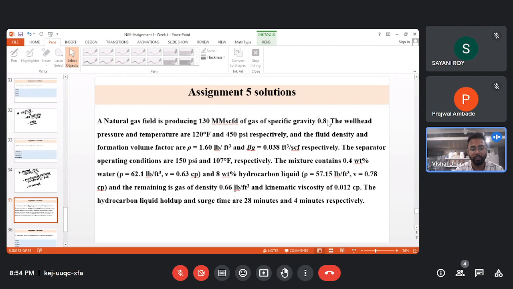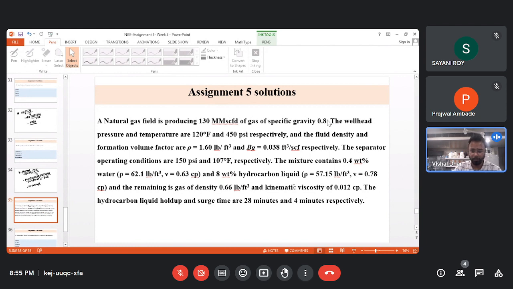The separator operating conditions are 150 psi and 107 degree Fahrenheit. The mixture contains 0.48% water, density equal to 62.1 lb per feet cube. Viscosity is 0.63 cp and 8% hydrocarbon liquid, density of which is 57.15 lb per feet cube. Viscosity is 0.78 cp and the remaining gas of density is 0.66 lb per feet cube.